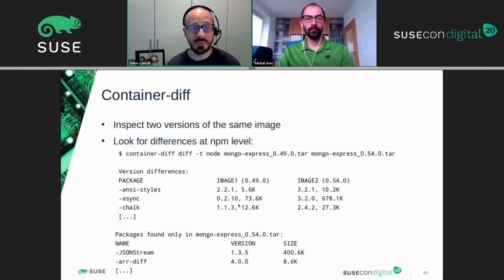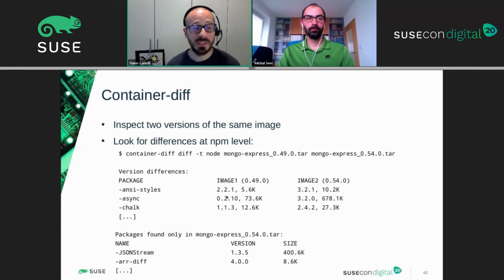It's interesting to see that the async package got a major update, a really big one. It went from 0.2.10 to 3.2.0. So there were quite some changes introduced from this point of view, despite the versions of the image still being relatively close to each other.